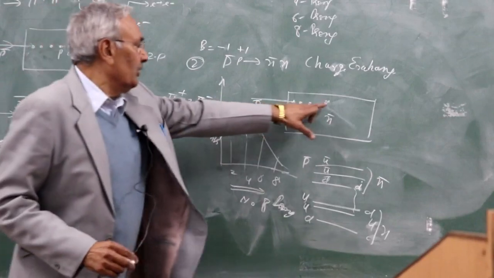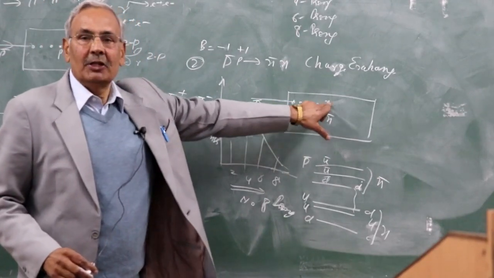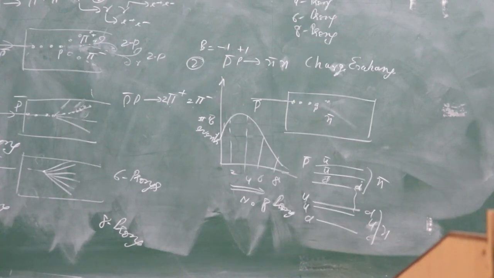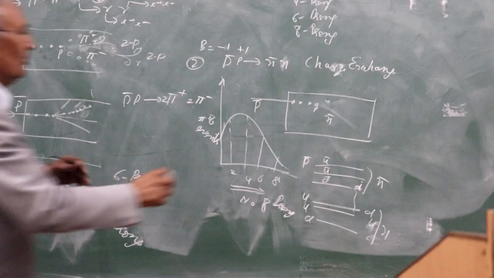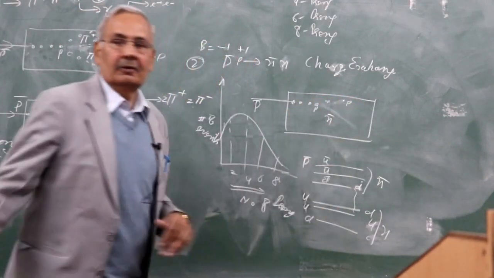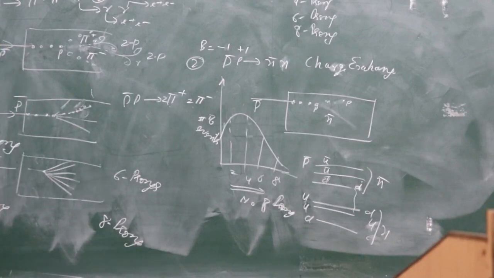So what is the possibility of this neutron interacting with the proton? It won't be an electromagnetic interaction because the neutron doesn't have charge. This neutron can interact with a proton. It won't be electromagnetic, but it can be a strong interaction.